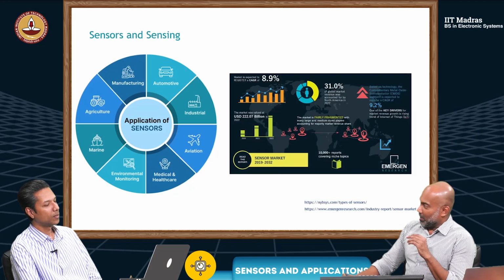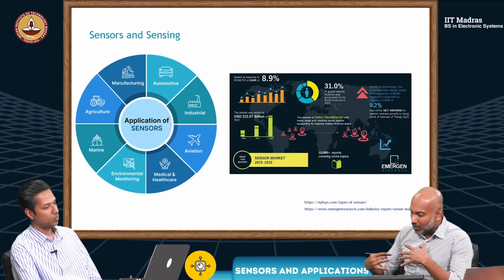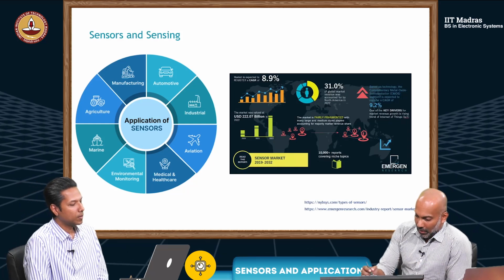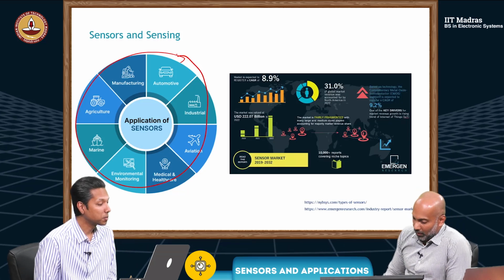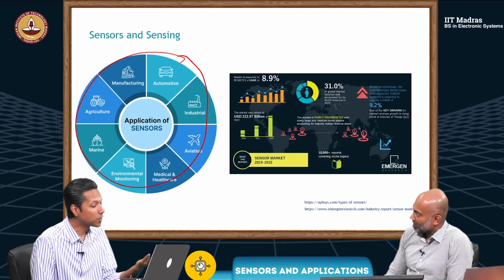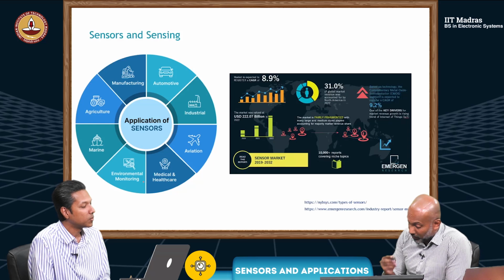So when we talk about sensors, Bobby, they straddle a lot of different applications. If you look at this here, this is automotive, manufacturing, agriculture, wherever. I cannot see any domain without sensors. Exactly, and many different types as well.